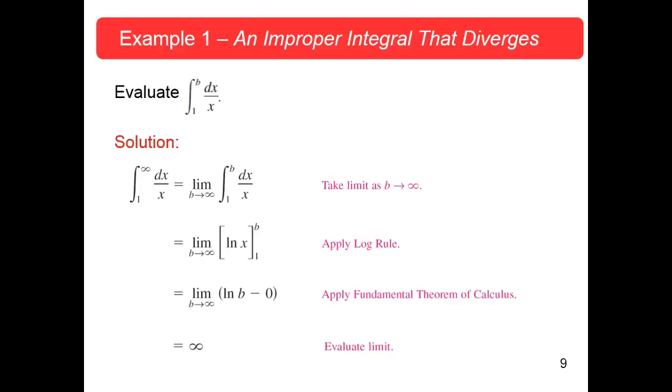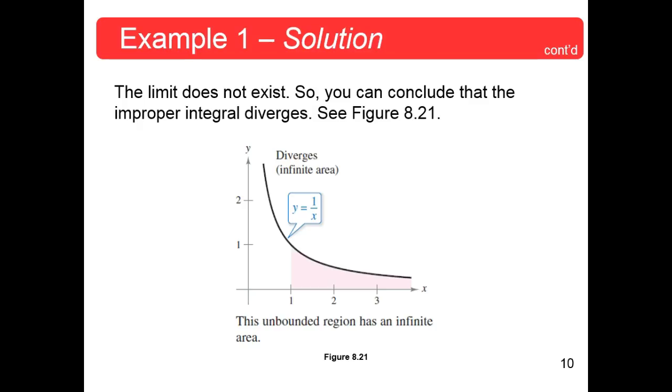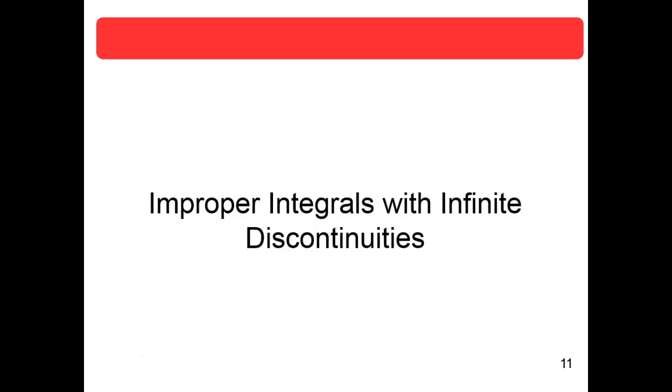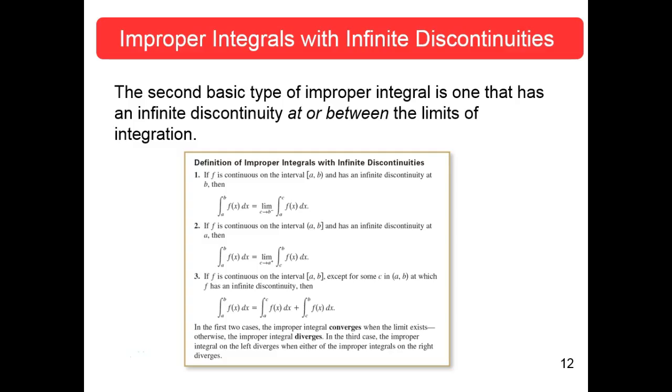Don't say it's infinity. It just doesn't have a limit. An infinite limit is no limit. And that illustrates this. So just get the idea. You can't integrate from 0 to infinity 1 over x. It just doesn't work.